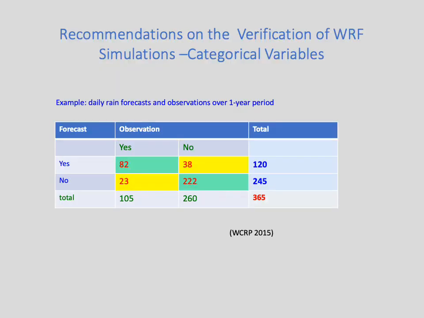This is an example to calculate metrics using a contingency table. Suppose daily rain forecast and observations over a 1 year period produced this contingency table. Categorical statistics that can be computed from the yes or no contingency table are given below.